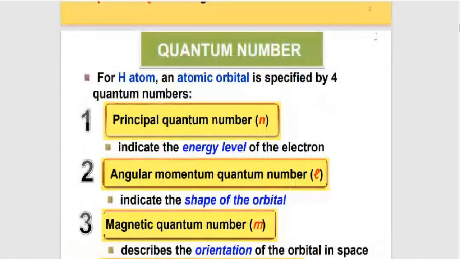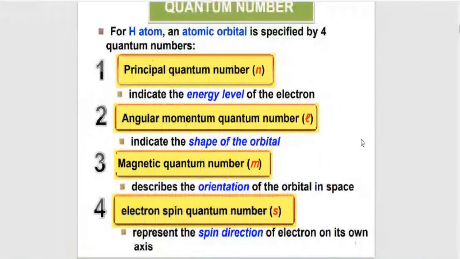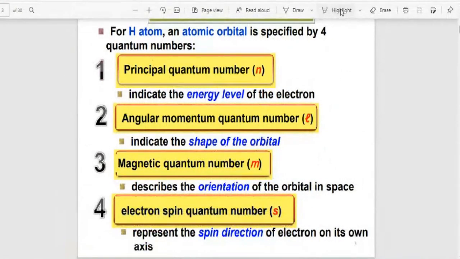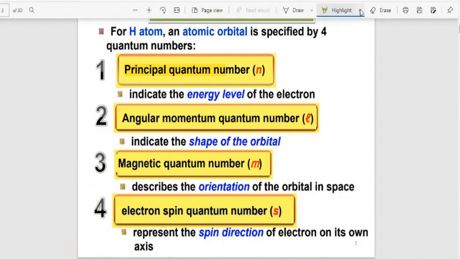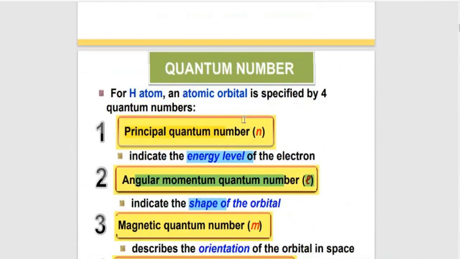Principal quantum number. There are 4, so please stay alert. The principal quantum number, the symbol is N, represents the energy level. Like before, N equal to 1, N equal to 2, that is the energy level. Next, the angular momentum quantum number, represented by L, determines the shape of the orbital.